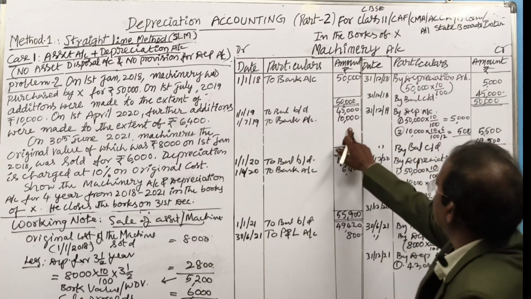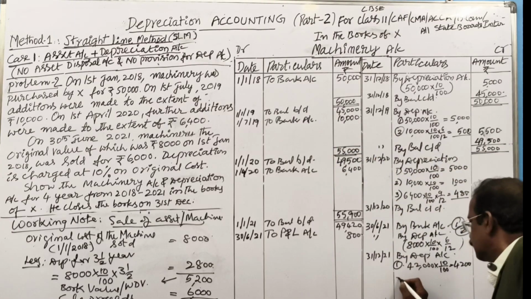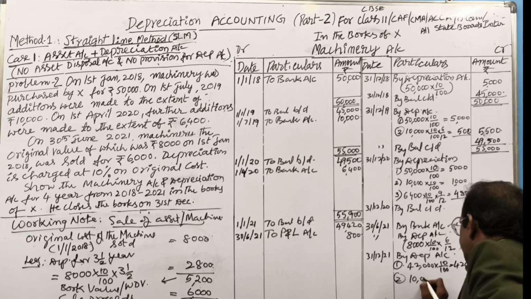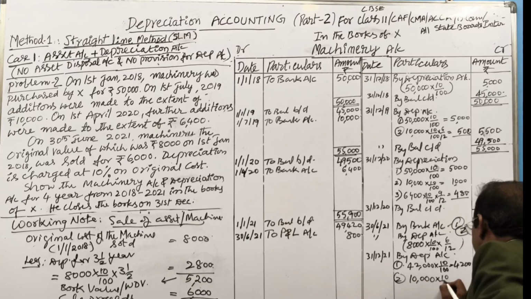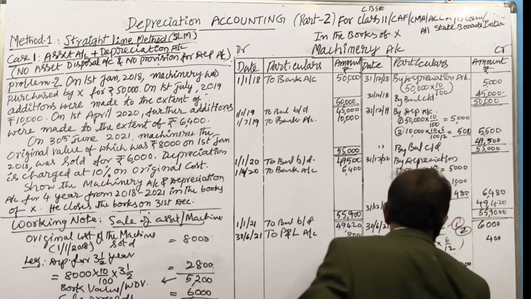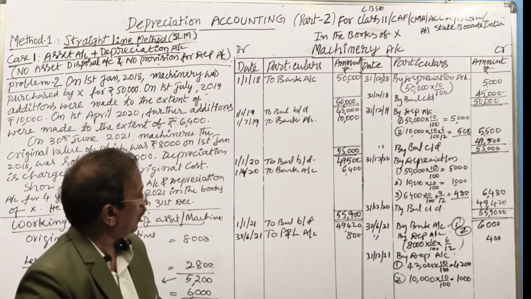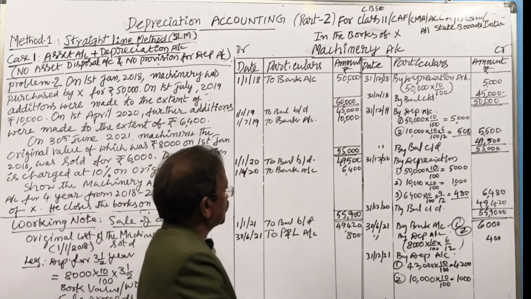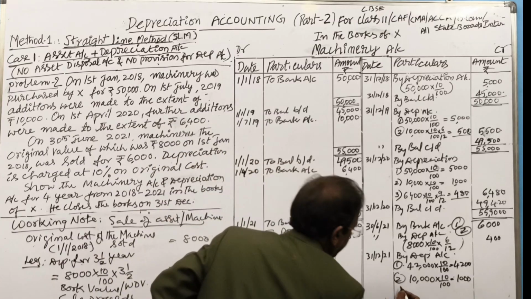4,200. The second machine is not disturbed. So 10,000 into 10 by 100 for the full year equals 1,000. Now the third machine. What is the third machine cost? 6,400.